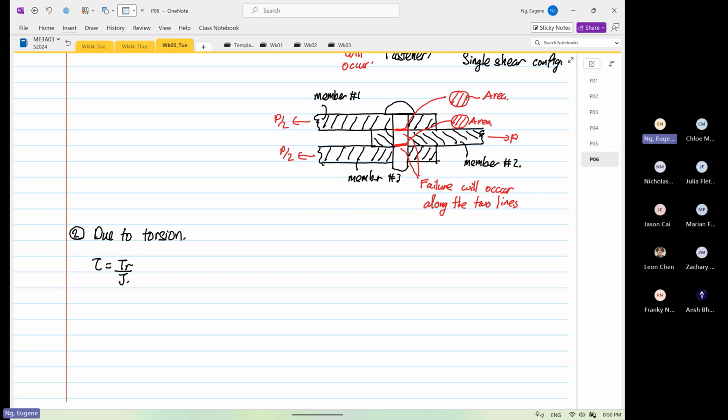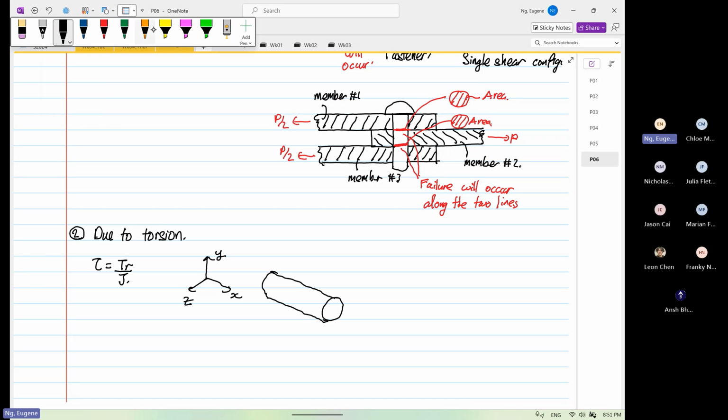Okay, so for this case, if we look into a 3D view, we did a lot of this earlier, X, Y, and Z, and then this is our shaft. And then this is our geometric axis.